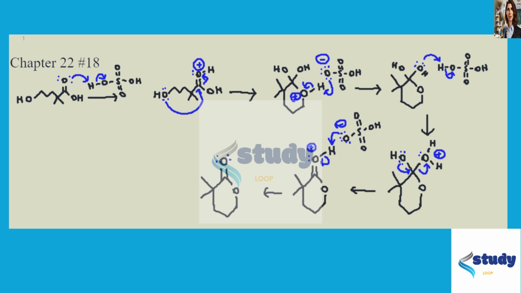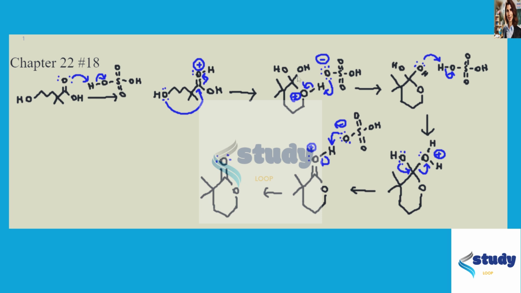For any problem dealing with a carboxylic acid derivative, you're probably going to see the same or very similar steps, where the carbonyl oxygen is protonated. This allows nucleophilic attack. A tetrahedral intermediate forms.